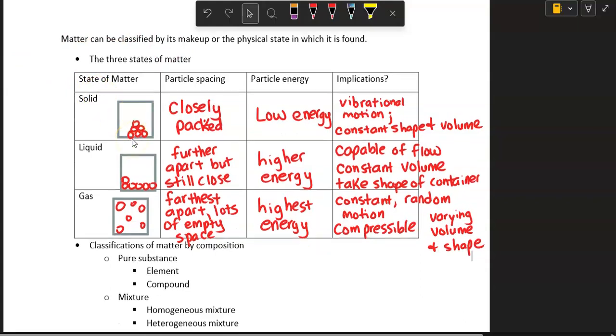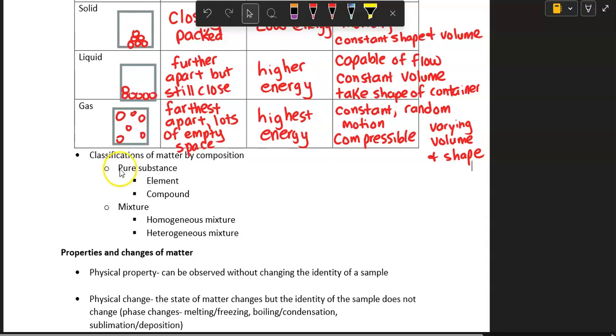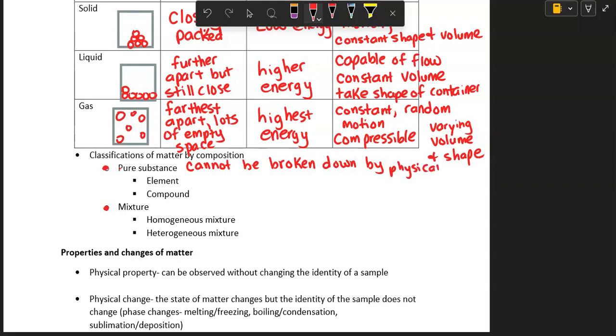If we want to classify matter by its composition, there's 2 main categories. We have pure substances and mixtures. Pure substances cannot be broken down by physical means. So the 2 types of pure substances are elements and compounds. An element cannot be separated by chemical means either.